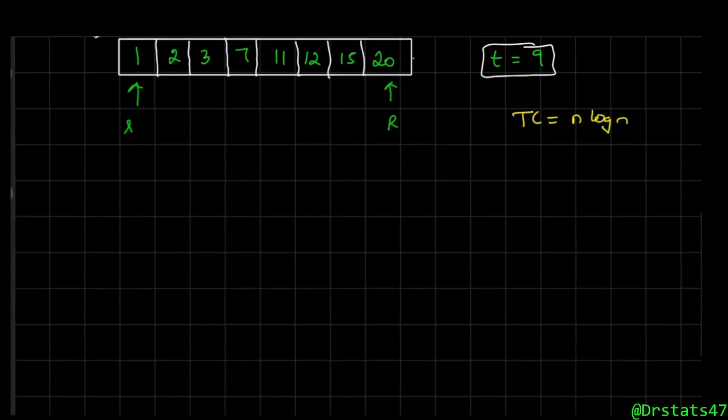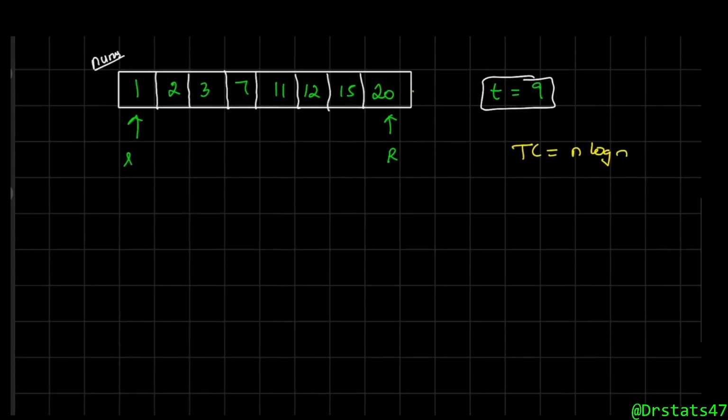Now let's discuss the optimal approach. Basically, we calculate the sum, that is nums of L plus nums of R. Then we check if the sum is equal to the given target.